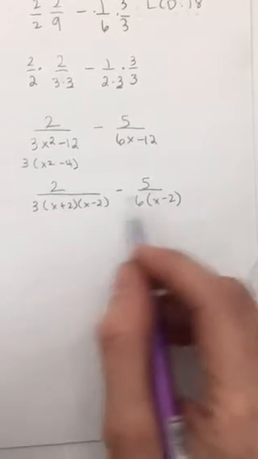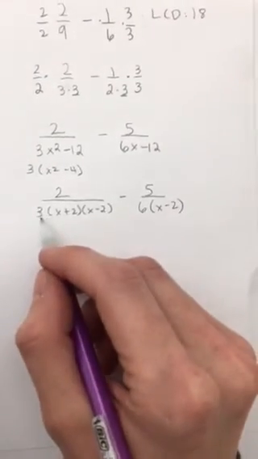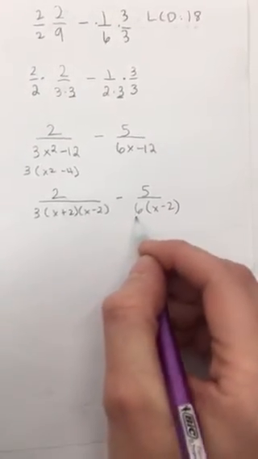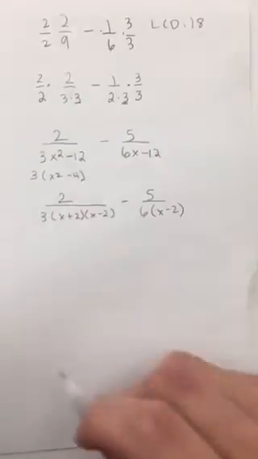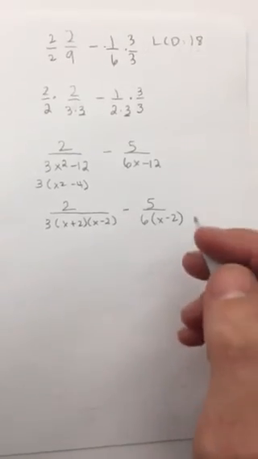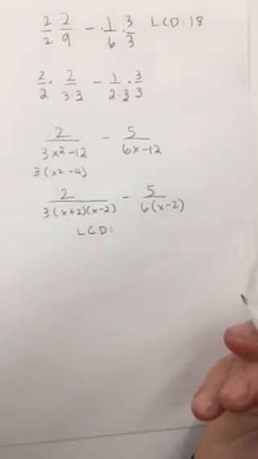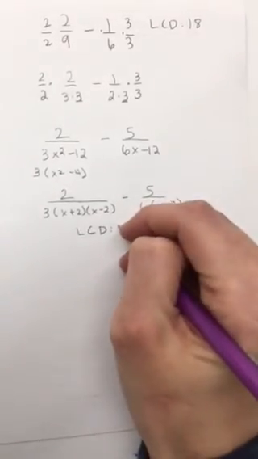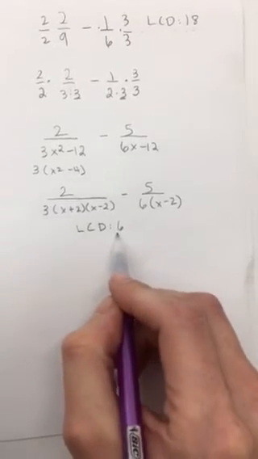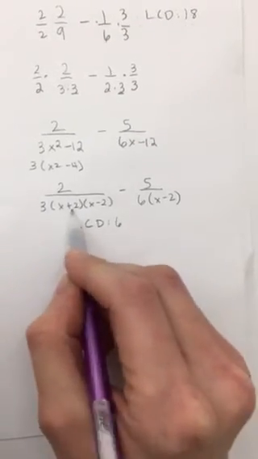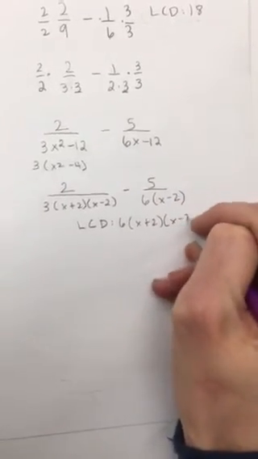This guy's missing the x plus 2, so he's going to have to be in there. And then on this one, let's see, 3 and 6. In order to transform this 3 into a 6, I would have to multiply this by 2 over 2. So let's look at our least common denominator. Our least common denominator would be a 6, because 3 will enter 6 evenly, an x plus 2, and an x minus 2.